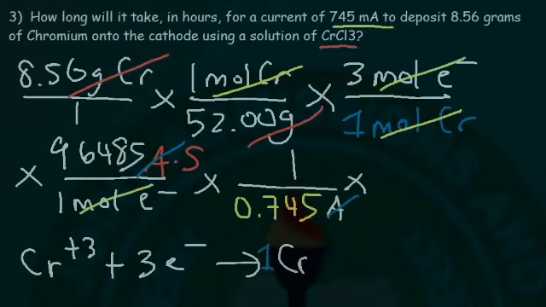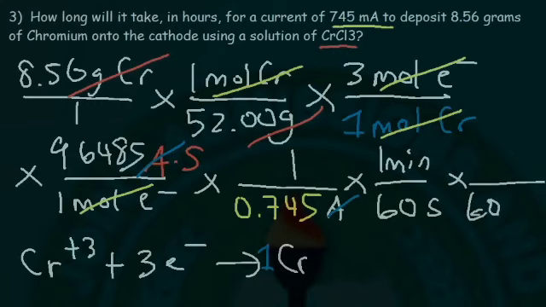So now we need to convert seconds into hours. So we know that there's 60 seconds in 1 minute, and there's also 60 minutes in 1 hour. So now this is going to give us the answer. So it's going to be 8.56 divided by 52 times 3 times 96,485 divided by 0.745 divided by 60 and divided by 60 again.